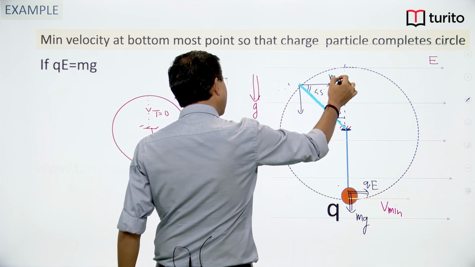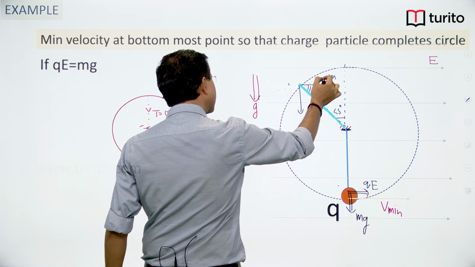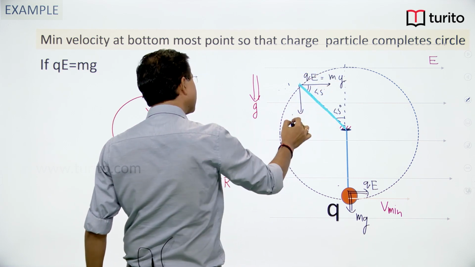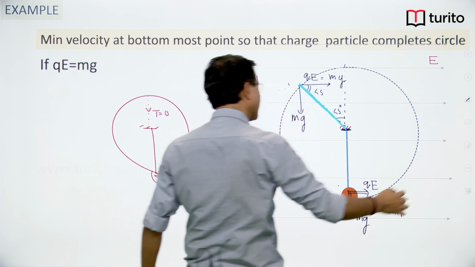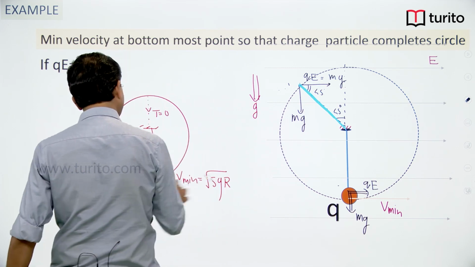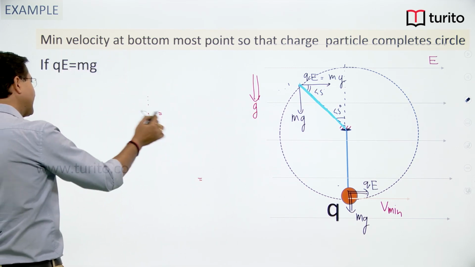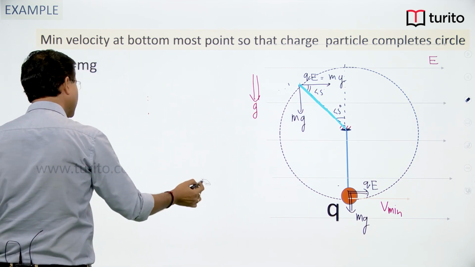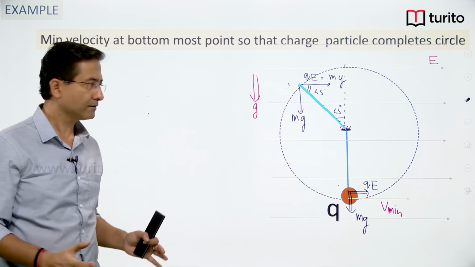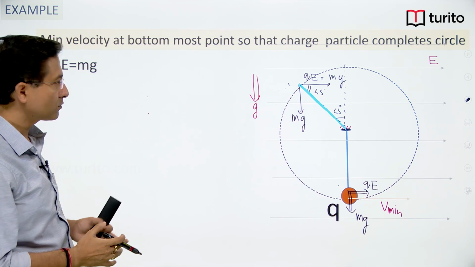So QE is equal to mg, I am directly writing mg here, QE is equal to mg and this is mg only. Now I hope the concept and approach both are clear. Let us see how to write the equation. So the approach is clear. Now let us see how to solve the problem.